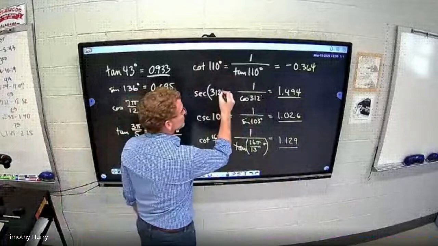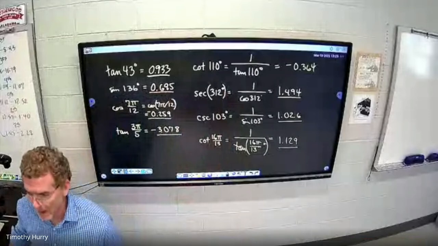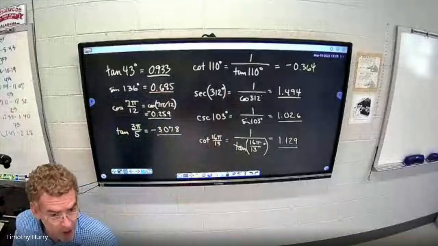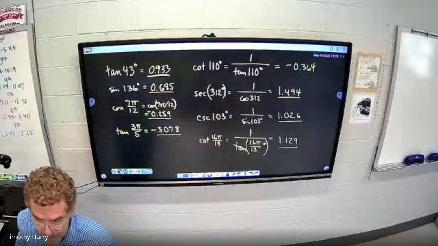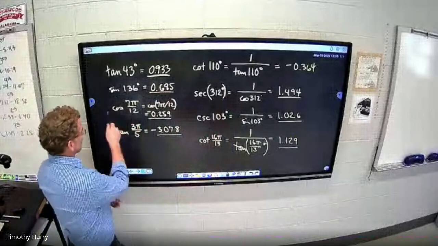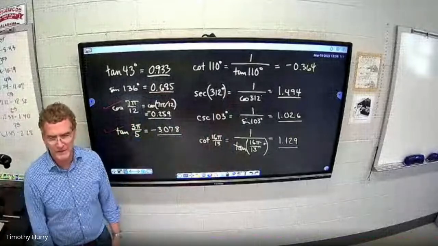You can put the little degree in there and your calculator will go, oh, it's a degree. Now, I normally just change the mode, and 95% of what we do, if not more, on this test will be in degree mode. So if it were me, I'd keep it in degree mode, maybe knock out the couple problems like this that are radians, and then the rest of the work will be done in degree mode.